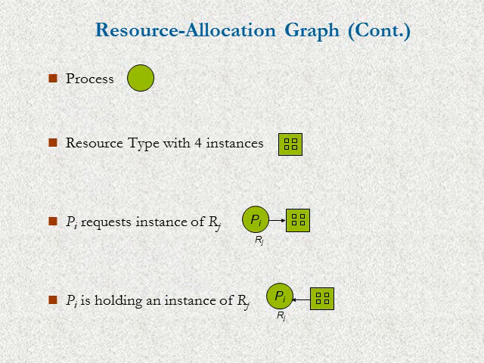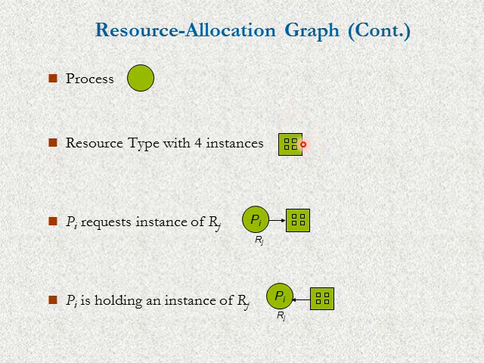Over here, we have a visual representation of all of these four constructs. The first type of vertex is a process, which is represented by a circle. The second type of vertex is a resource, which is represented by a rectangle. You can see that these dots reflect how many instances we have of this resource type in a system.